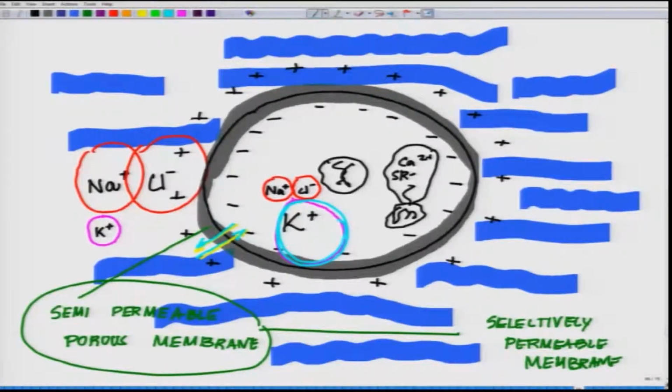Now, that means the potassium ion concentration inside is higher as compared to outside.